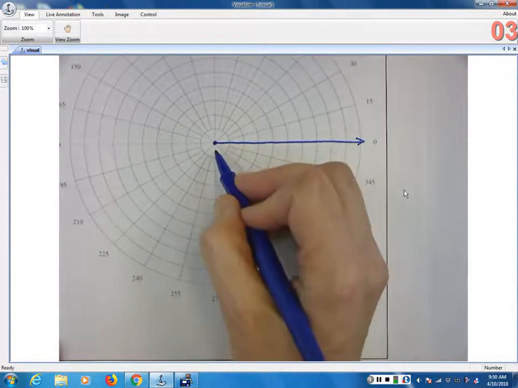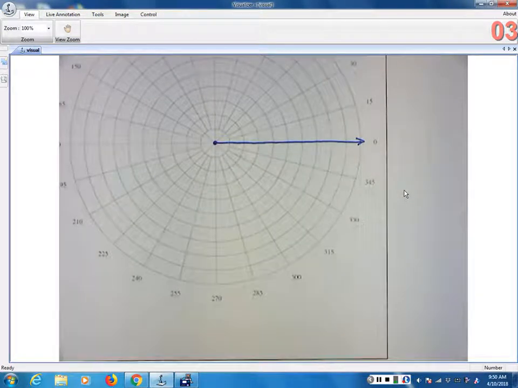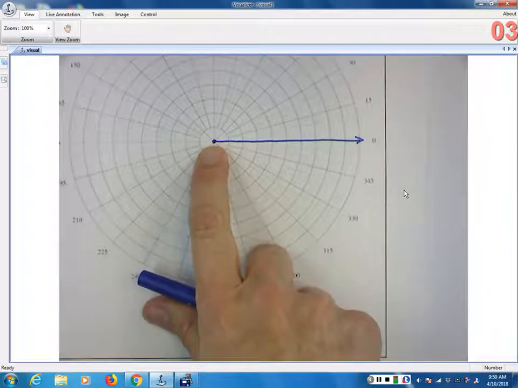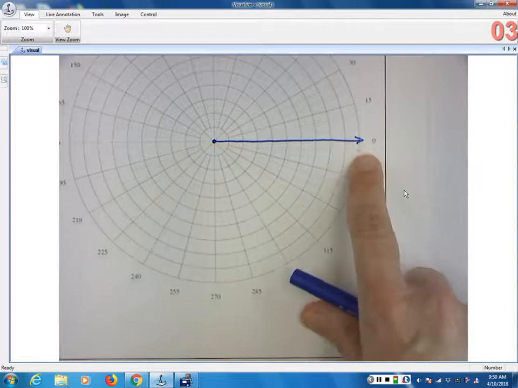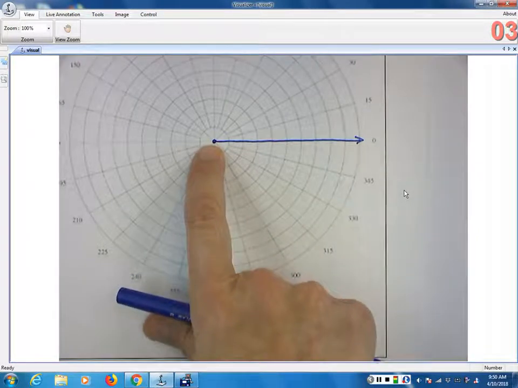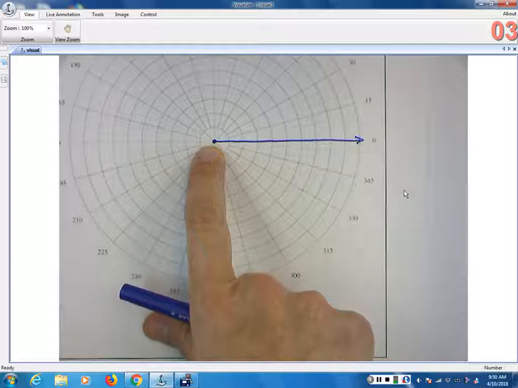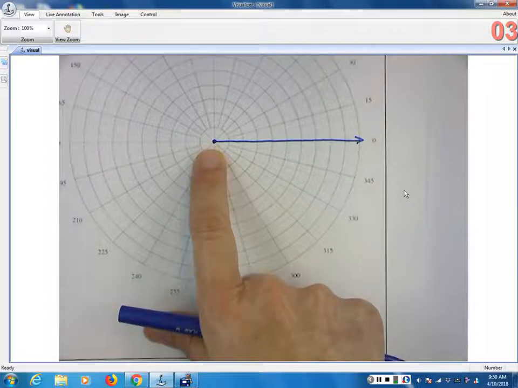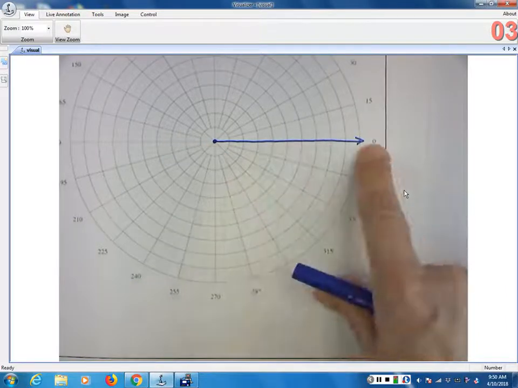This is called the pole in the center. It's a ray that extends to the right, so it's got an arrow on the right. So this is the polar axis, and this is the pole.